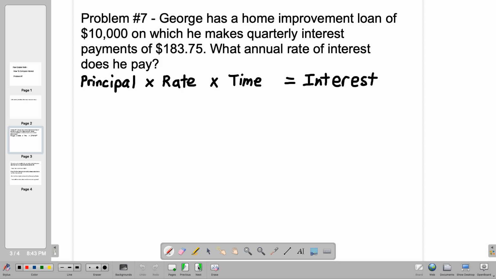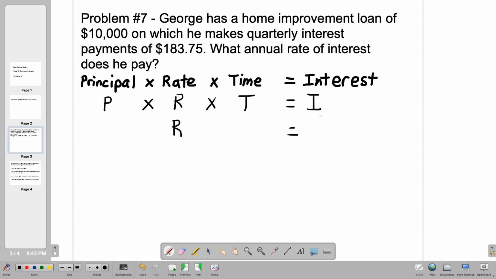And so since we're going to actually solve for the rate, we want to keep the rate on the left side of the equal sign. So let's represent the principal with the variable P, the rate with the variable R, the time with the variable T, and interest with the variable I. What we want to do is keep the R on the left side of the equal sign.